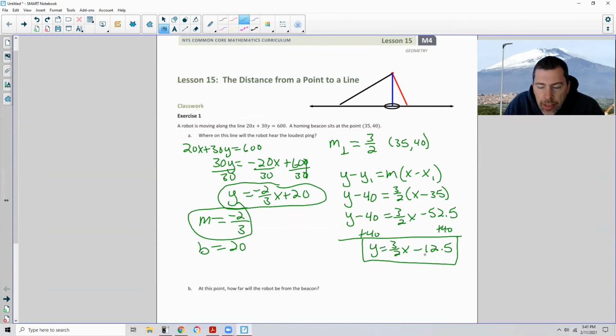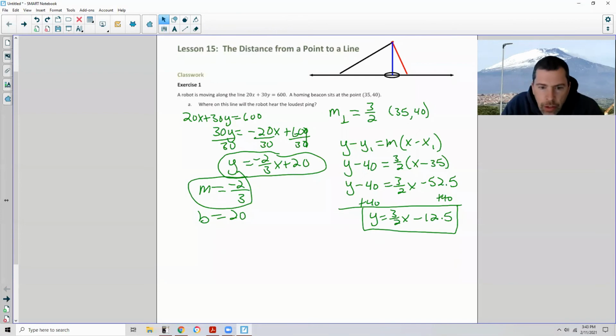Where is the closest point? Where those two lines meet. Okay, so at this point, there are a few different ways we can do this. We have two equations. They're both equal to y, so they're equal to each other. Let's use the substitution, or in this case, the transitive property.